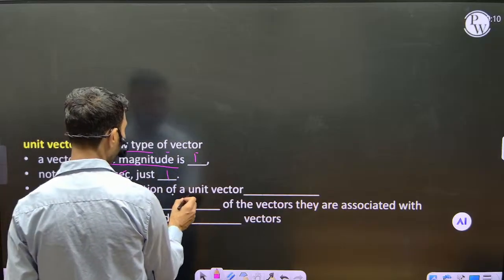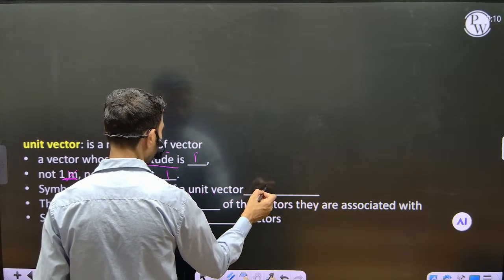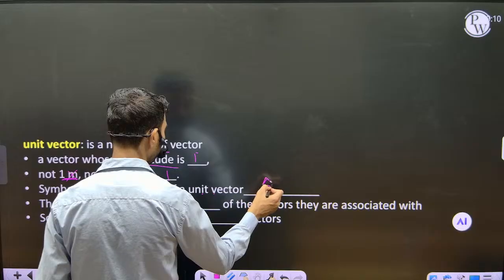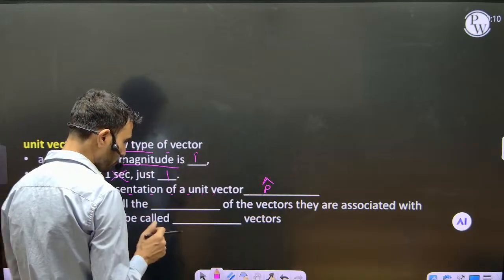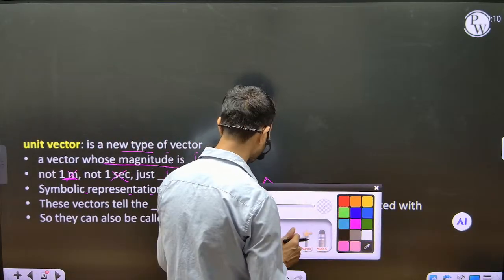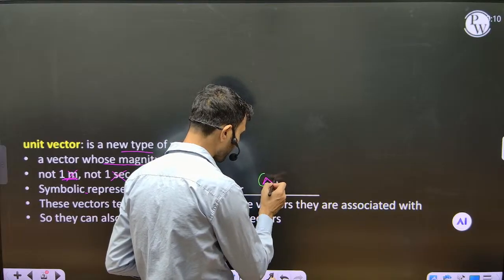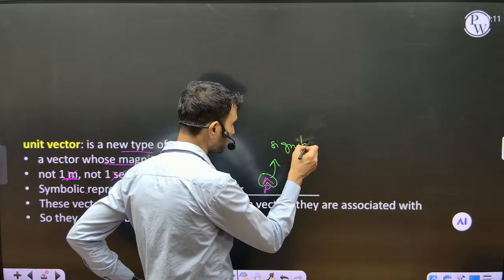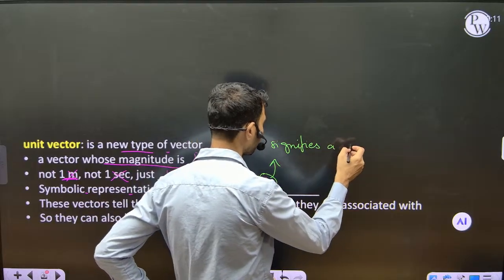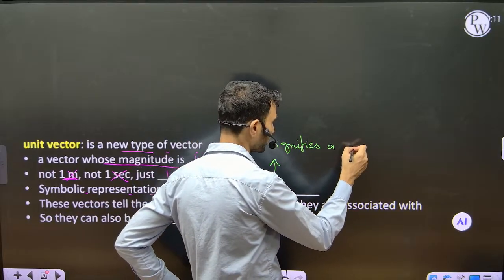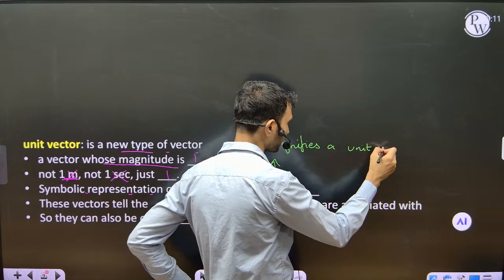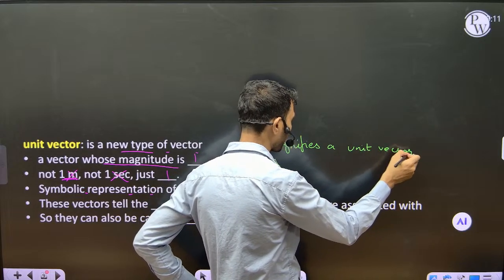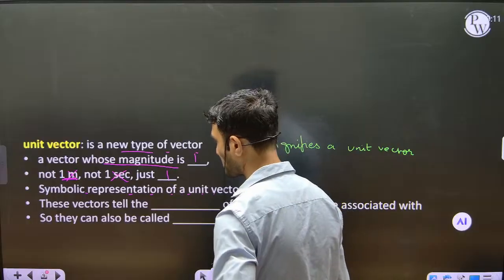Symbolic representation of a unit vector: you write P and you put a cap on it. This cap signifies a unit vector. If you don't put a cap, it's not a unit vector.